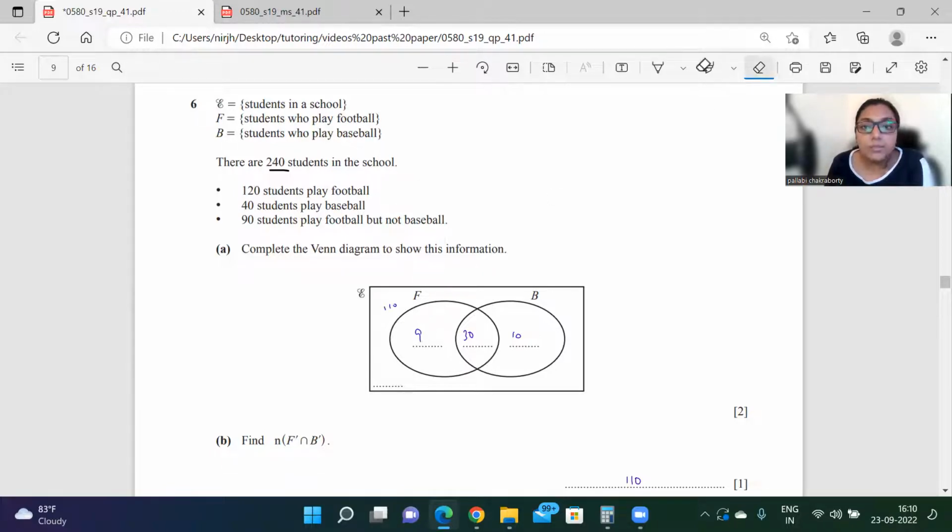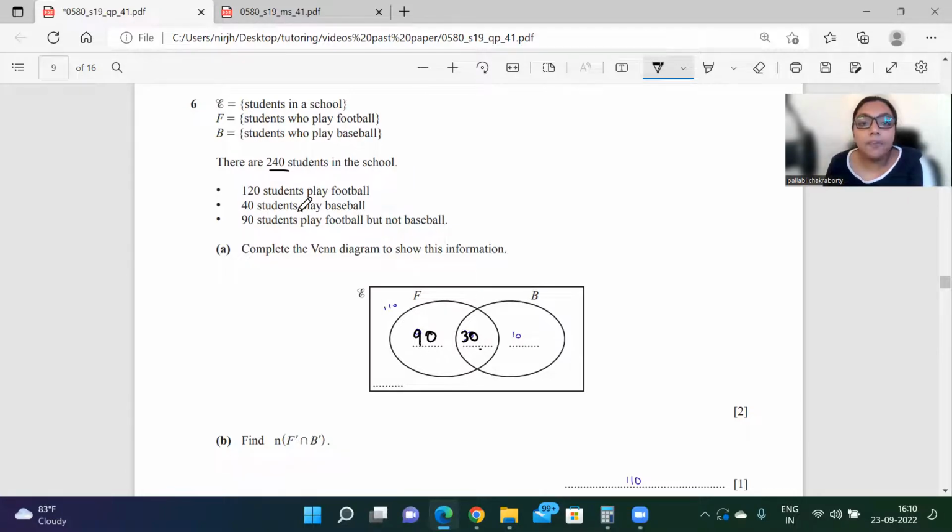But out of this 120, you have 90 students who play football but not basketball. That means 30 play basketball and football, right? So out of the 120, you omit this 30 part, which are the students who play basketball. So it will be just 90.